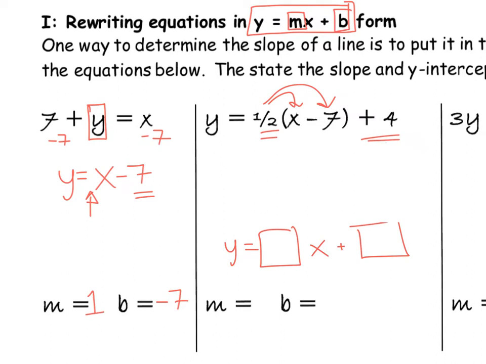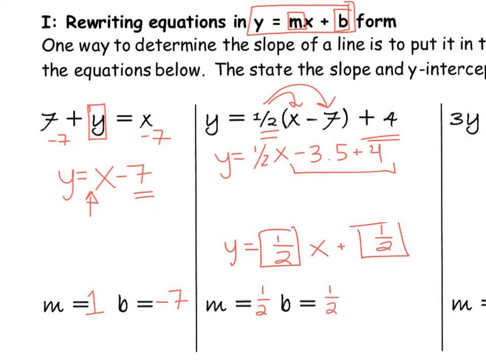So my first step, I get y equals 1/2 x minus half of 7, which is 3.5, plus 4. Combine my like terms, and I get 1/2 x plus 1/2. So now I can see that my slope is 1/2, and my y-intercept is also 1/2, or 0.5.